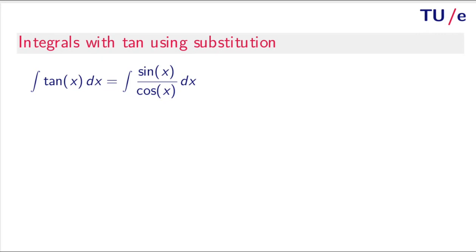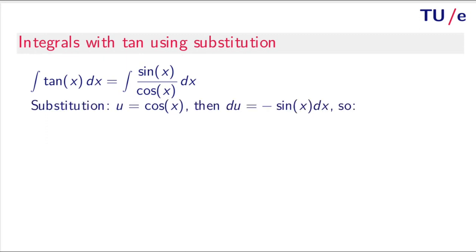We have handled now integrals involving sines and cosines to any power. But how about the tangent? Well, the integral of the tangent of x dx is of course the integral of sine of x divided by cosine x dx. Using u is equal to cosine of x, we find that du is minus sine of x dx.